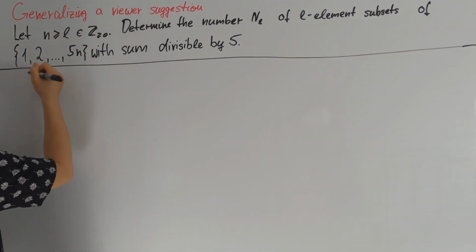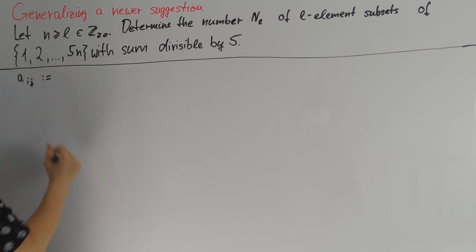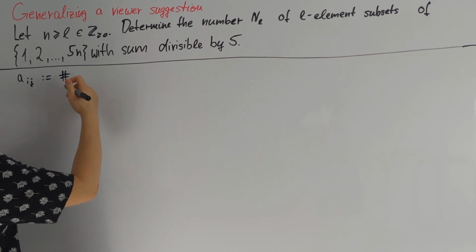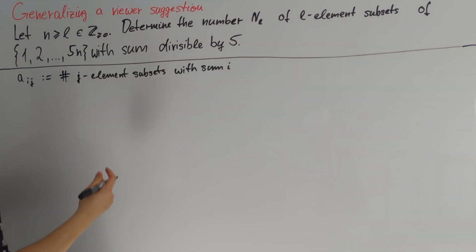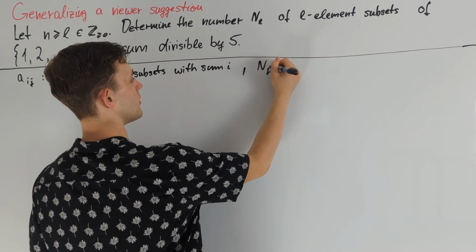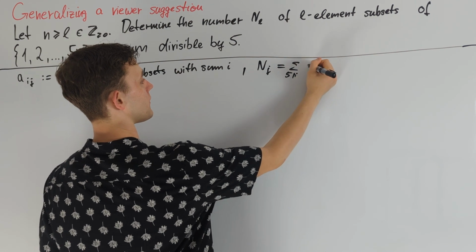Namely, we define a sequence a_ij such that a_ij is the number of j-element subsets with sum i. We are interested in determining the number n_j, which is equal to the sum over all i divisible by 5 of a_ij.